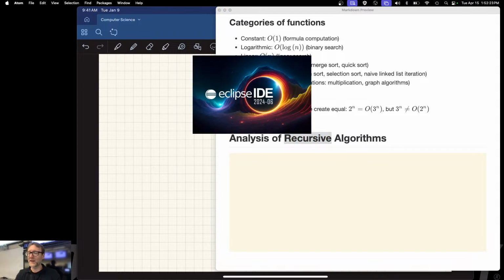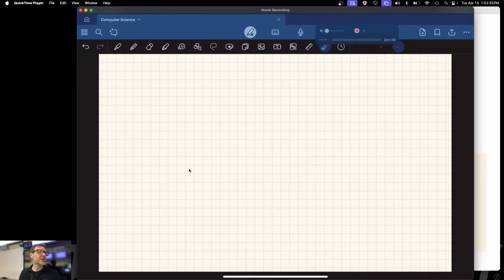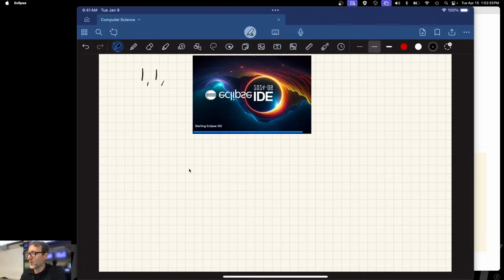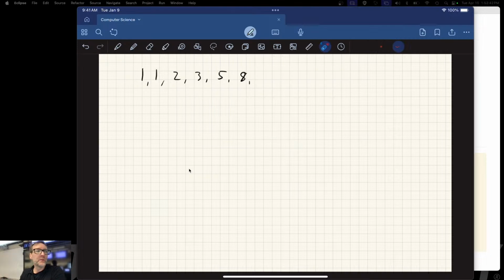All right, well, let's take an aside really quick here. You've all seen the Fibonacci sequence, right? So here's a sequence of numbers. I'll start it out as 1, 1, 2, 3, 5, 8. Now, what's the pattern that I'm following here? The next value is going to be the sum of the two previous values.